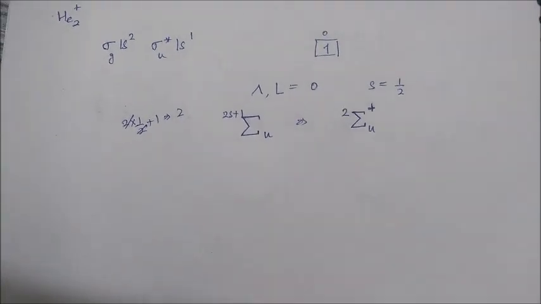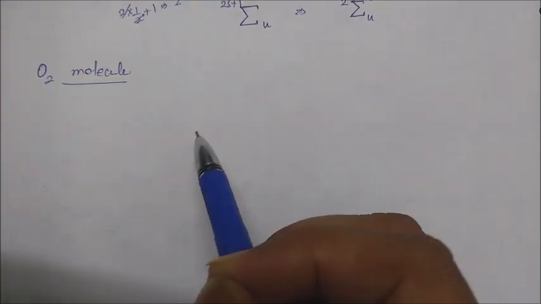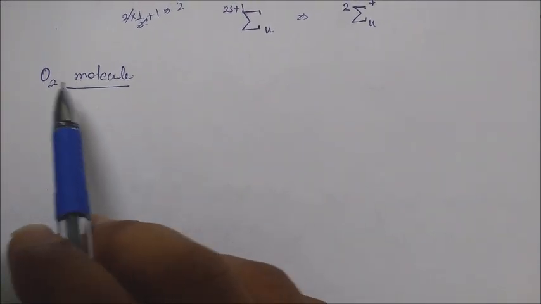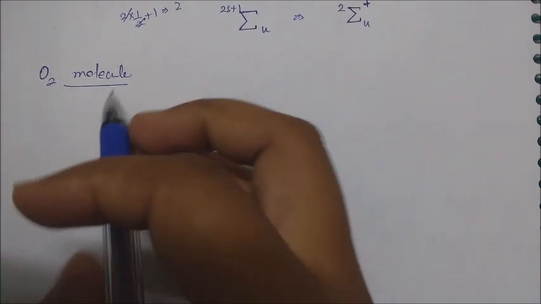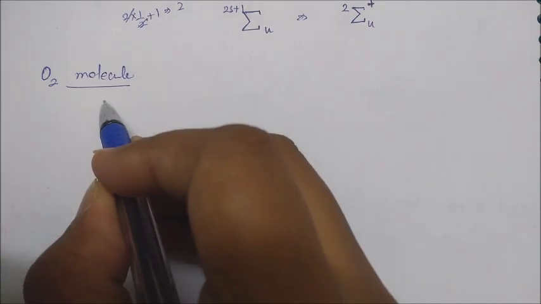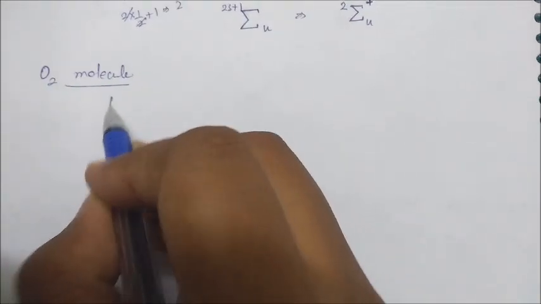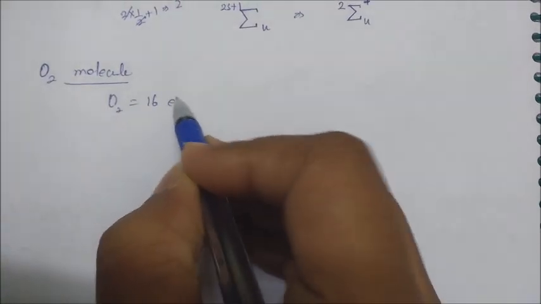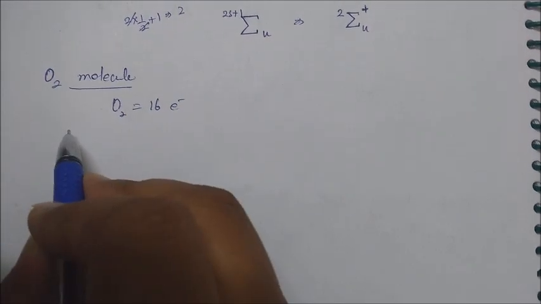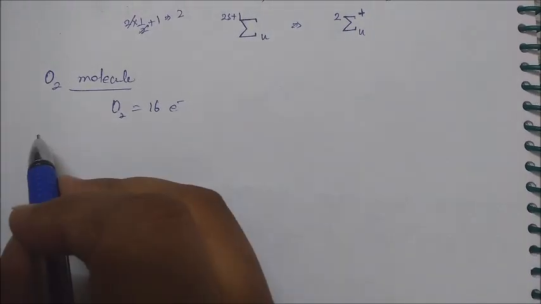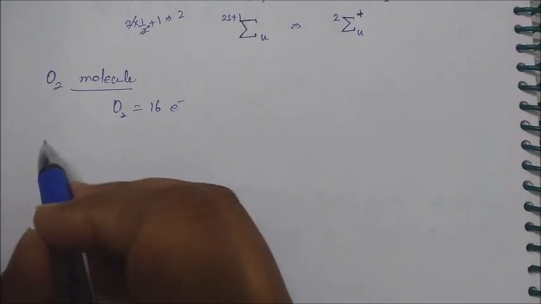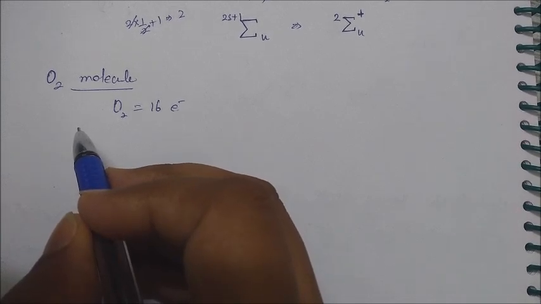I will take one more example which was asked in the question. Let's take another example, the O2 molecule. One oxygen has 8 electrons, so for the O2 molecule we have 16 electrons. We have to fill them in the electronic configuration for molecules with more than 14 electrons.